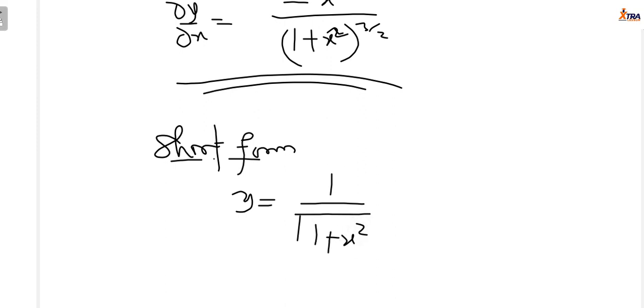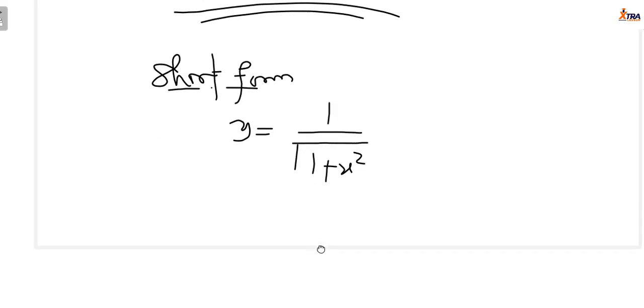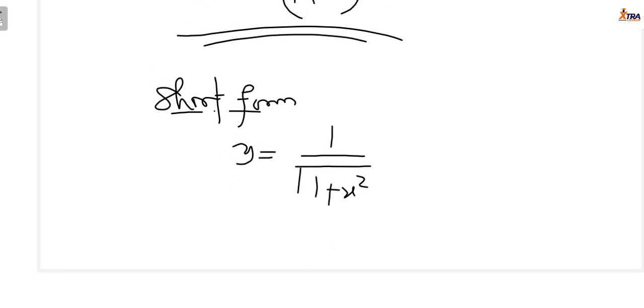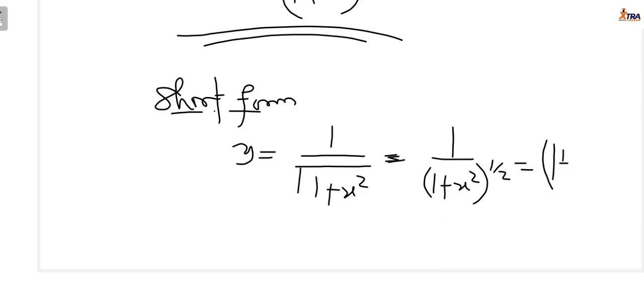So we have to express this in index form. Now we know that this is 1 over 1 plus x to the power 2, all raised to the power r, which we can change to 1 plus x squared raised to the power minus 1 over 2.